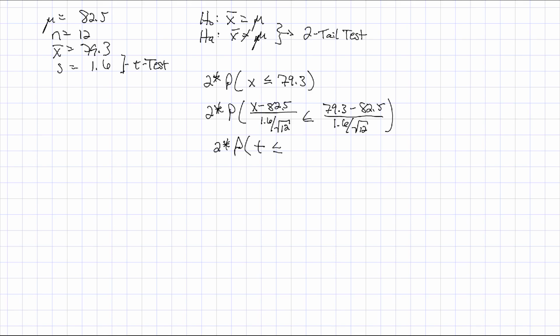And we get 2 times the probability that we would get a t that's less than or equal to negative 6.928. So if we were doing it in R, we have our value that we can pass right to the pt function, but we're doing it by hand, so our t observed is negative 6.928.